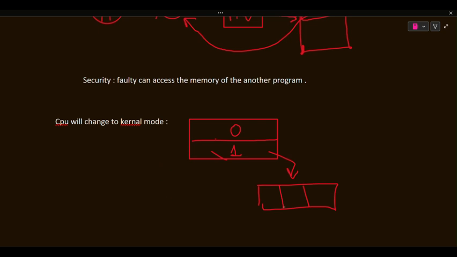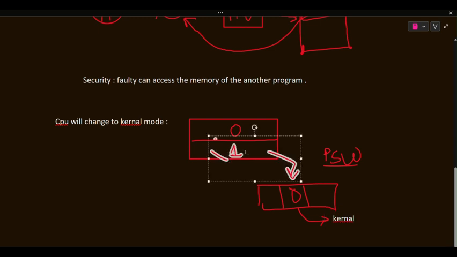If the mode bit of the PSW is assigned 0, then the CPU is said to be in kernel mode. 0 for kernel, and 1 implies the CPU is currently in user mode.